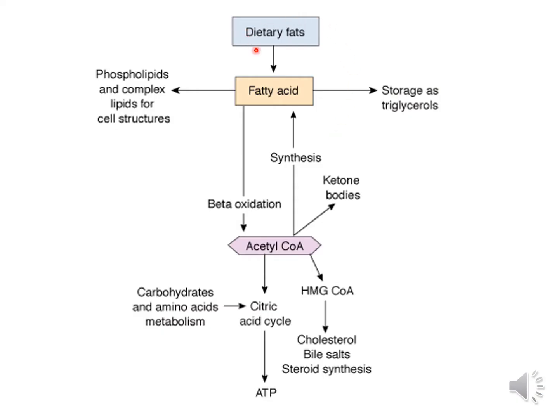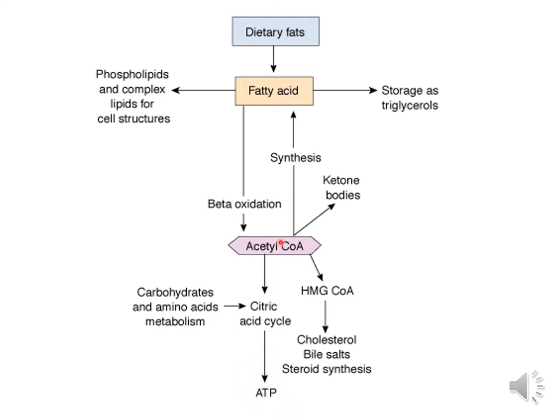So dietary fats will break down to fatty acids, and they can be stored as triglycerols or used to make phospholipids and complex lipids for cell structure. They can be broken down by beta oxidation to form acetyl-CoA and burned in the citric acid cycle to make ATP.